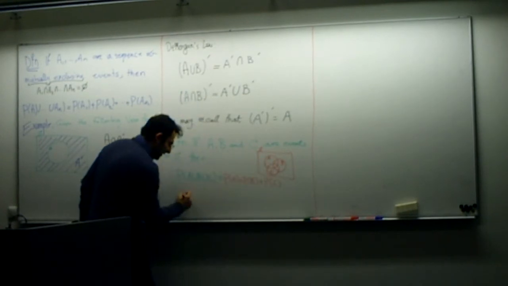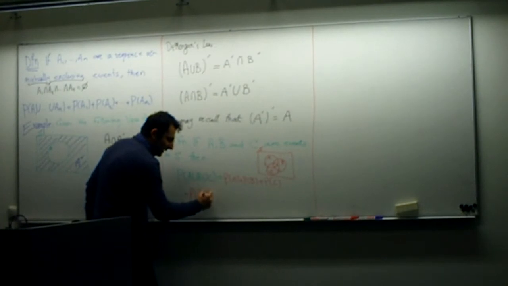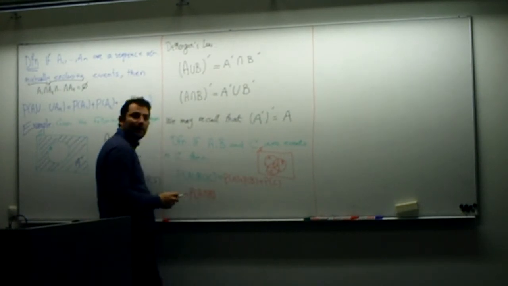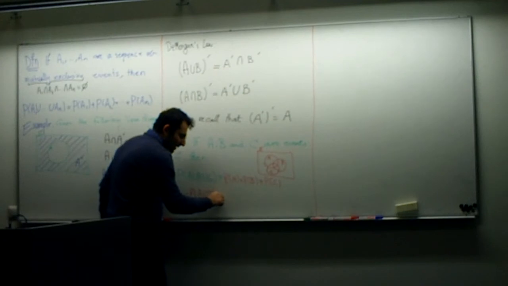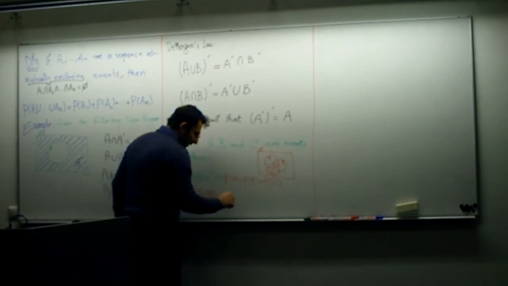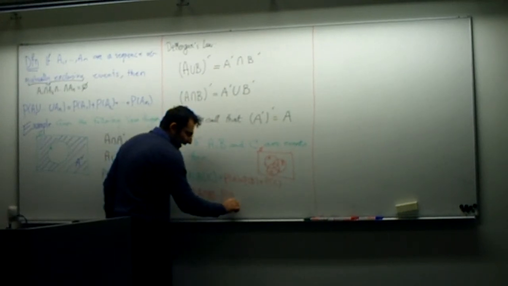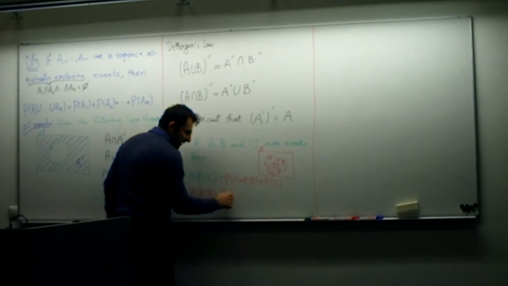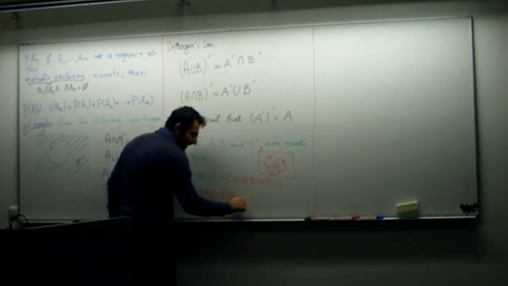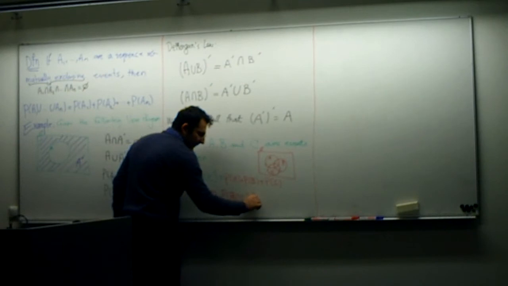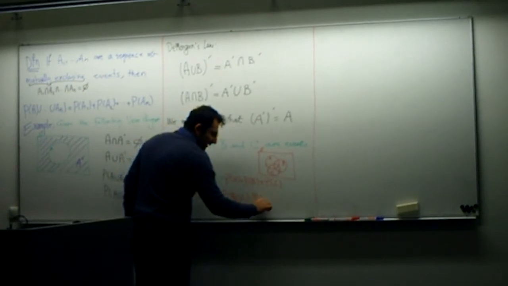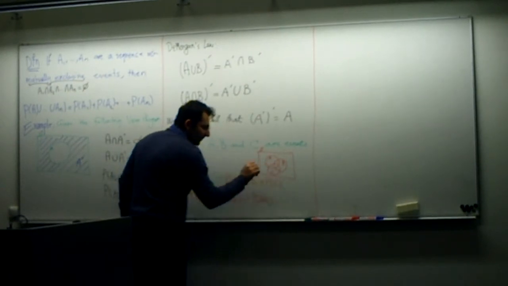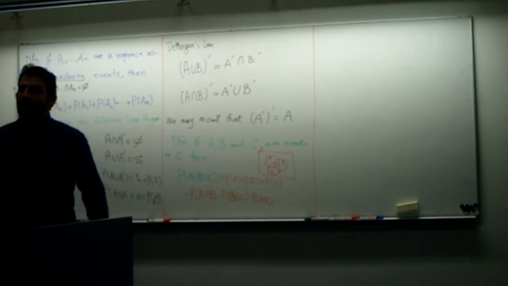So it is minus probability of A intersected by B, right? Minus, there might be some elements in here, probability of B intersected by C, minus the probability of A intersected by C, because there can be some elements in here.